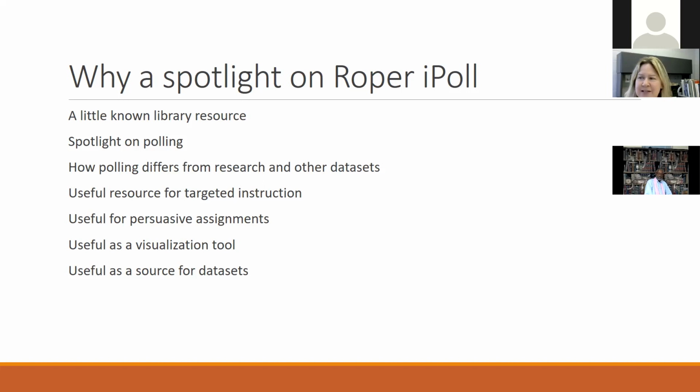It's based on the kinds of polls done by news organizations and sometimes universities too. It's very unique in that it only specializes in polling. And maybe we'll have some fun when we do some demos of what kinds of polls make it into the Roper iPoll.